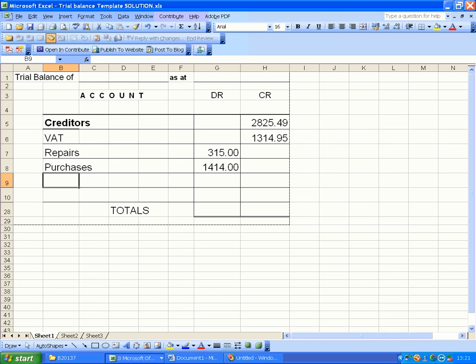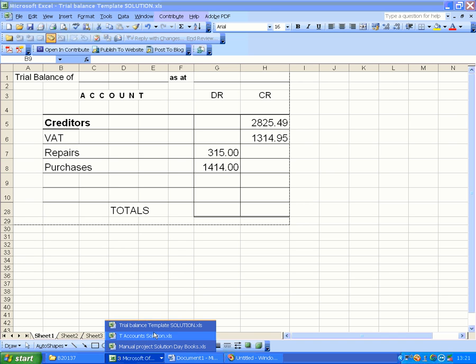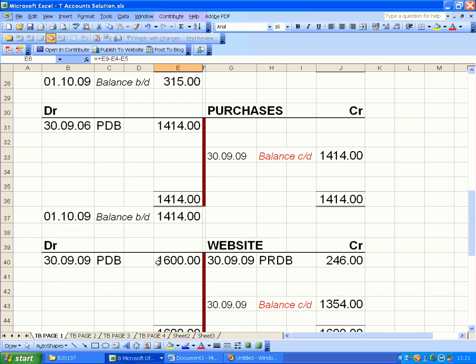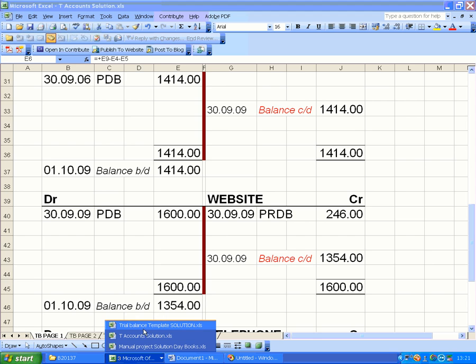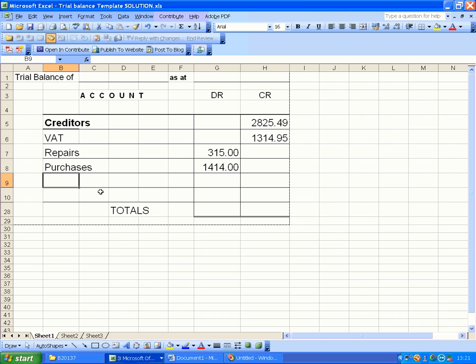The next account is the website, and the balance is on the credit side, so it'll be a debit posting. And it's 1354.